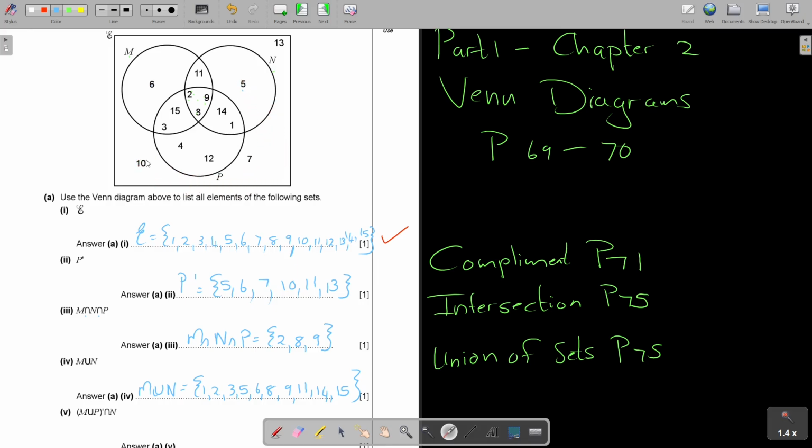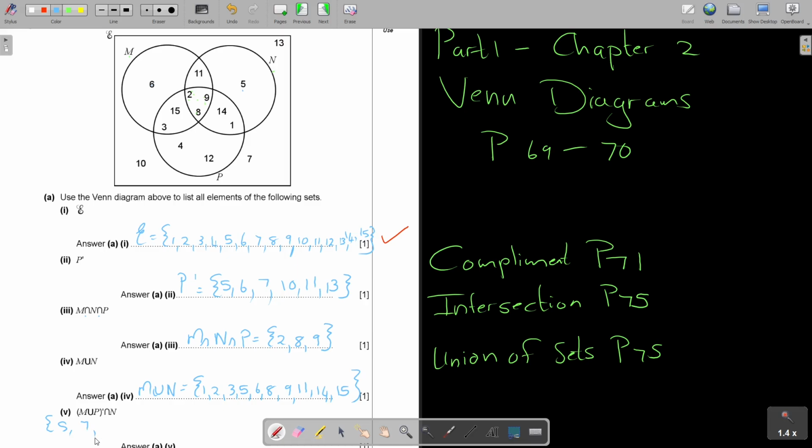Are you with me? So if I would write it here, the complement of that is going to be M union P. So let's just make sure we have all of them. So it looks like 5. It looks like 7.